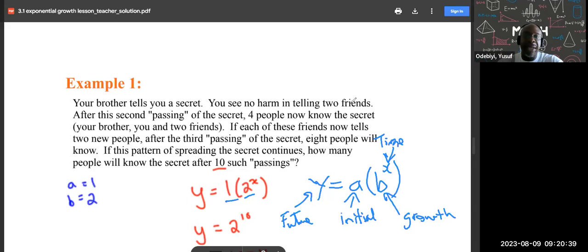And what we're saying is we're looking at how many people know after 10 passings? So that's like our time, but it's just basically how often we want to find how many people know the secret. So from there, we can calculate what would be the future amount of people that know the secret, okay? And that's sort of how we do that one.